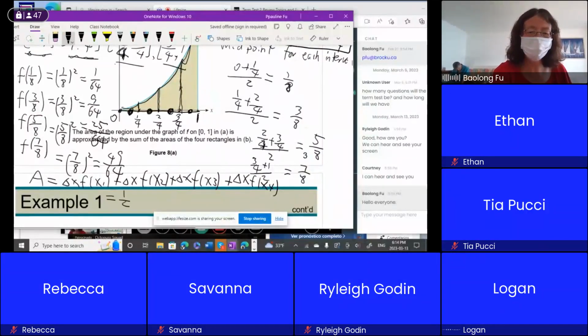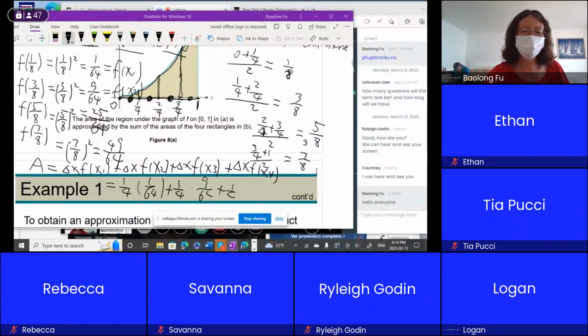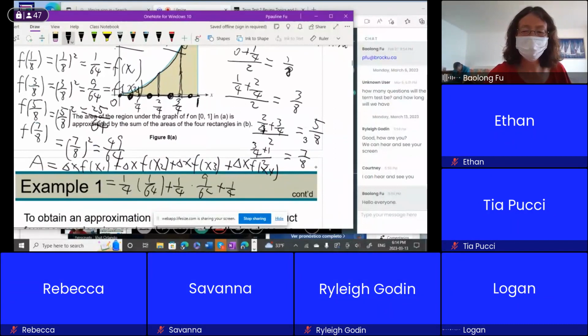And then you just keep on going. Delta x is 1/4 times f(x1). So this one is f(x1), it is 1/64, plus 1/4 f(x2). This one is f(x2), 9/64, plus f(x3) is 25/64, plus 1/4 times f(x4), 49/64.